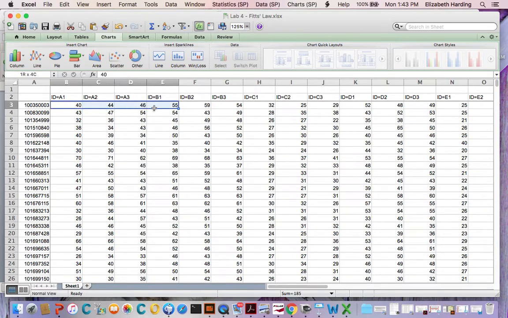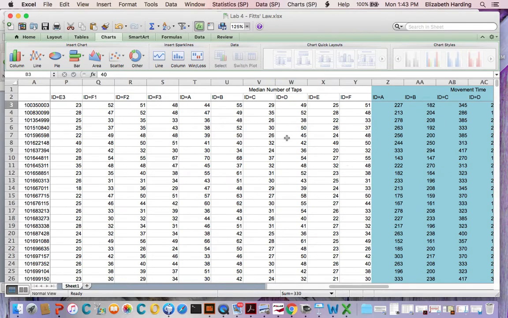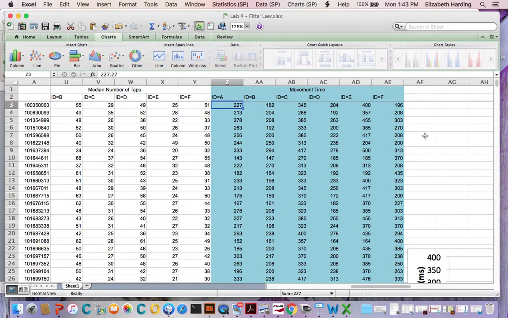So you were to enter your raw data, and then I believe I had calculated for you the median number of taps for task A through F, and then from there we looked at the average movement time, and the average movement time was across the 3 trials. So for each participant you had an average movement time for A, B, C, and so on.